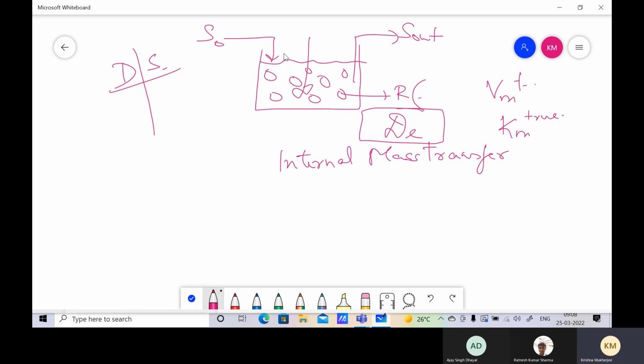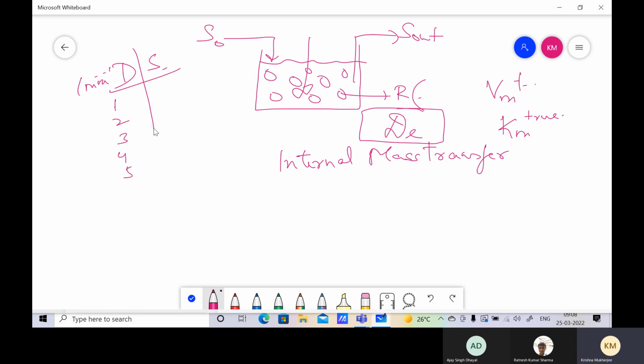Let us, for example, as I said, choose values for D in minute inverse. Let us say 0.1, or let us say 1, 2, 3, 4, 5.